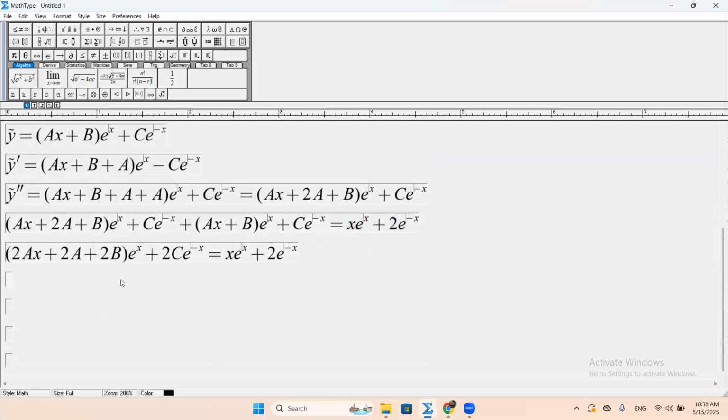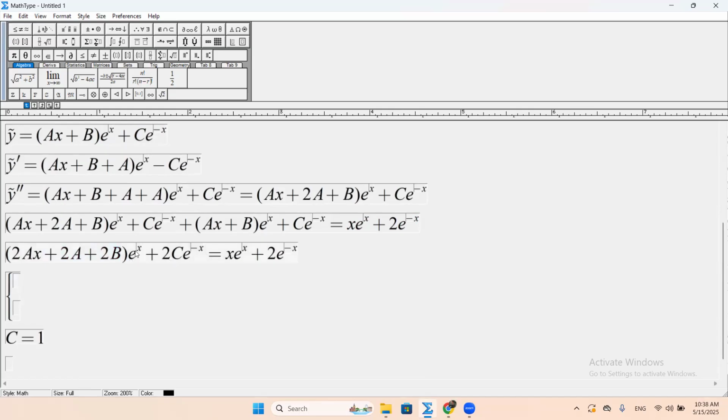So now all of these coefficients are regrouped, so we can write down the following system of linear equations, but actually we don't even have to solve it. So c can be found from the equation 2c equals 2, so c equals 1, and we just need to find a and b.